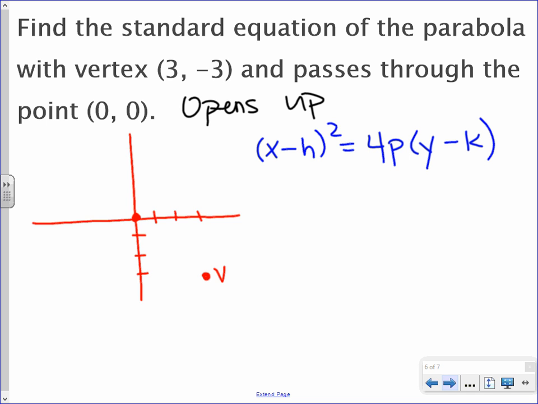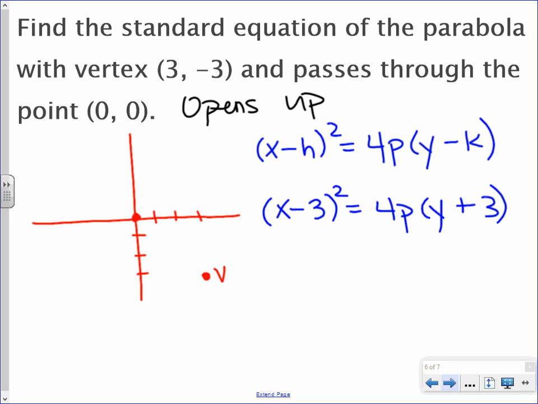So we can at least fill that in. We know (x minus 3) squared equals 4p times (y minus negative 3). What we don't know is what the p-value is. Could we flip the zeros into x and y and solve it? Caroline asked a question. Could we put 0 in for x, 0 in for y, and solve for p?